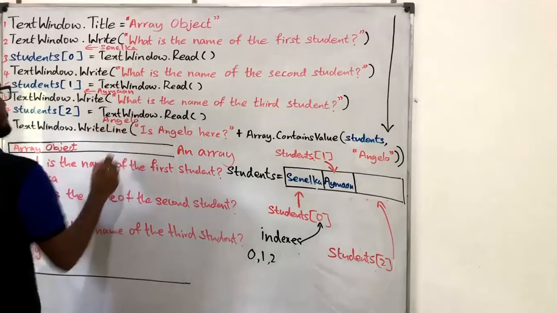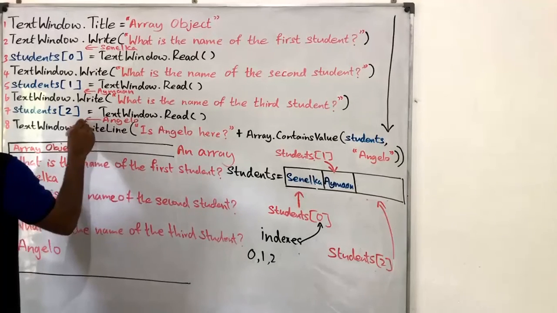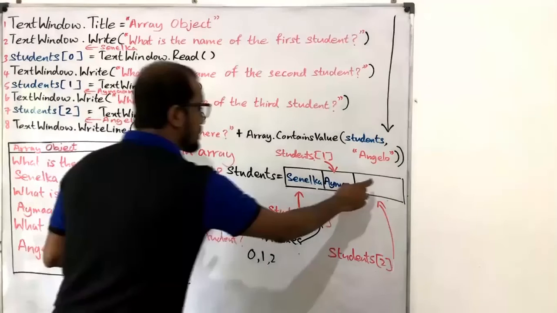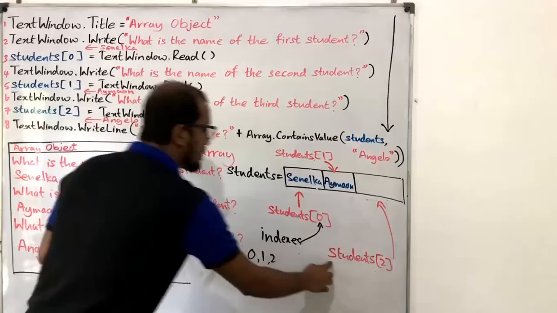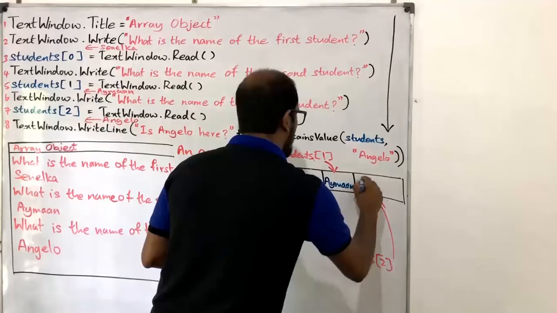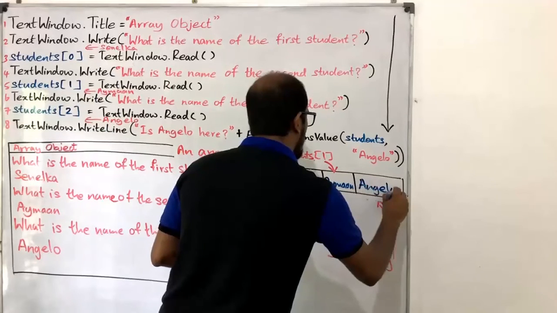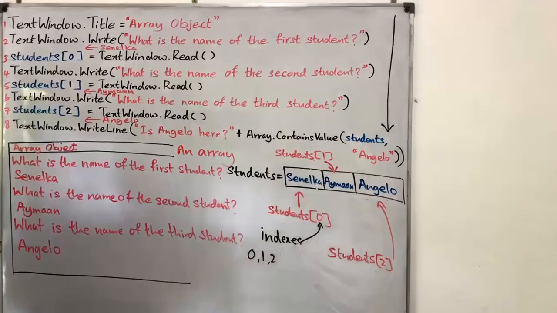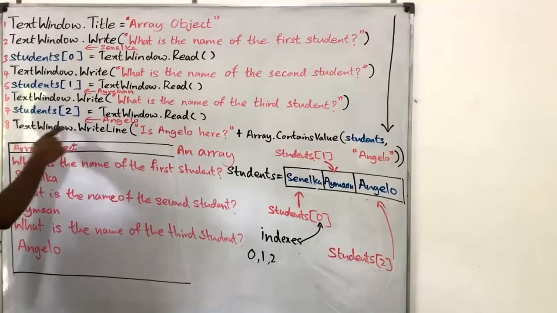And give that value to this one, students 2. It means to this. Students 2 means this position. Angelo. Okay. In the last statement, it says text window, write this one.